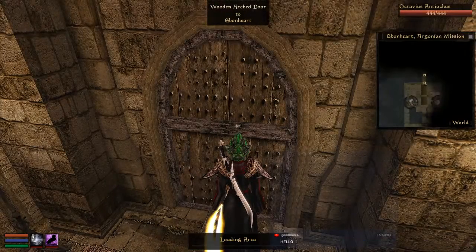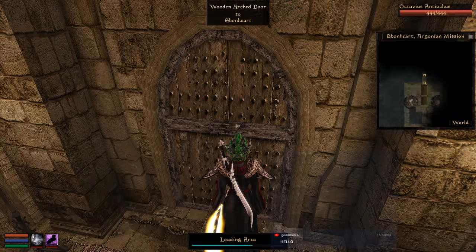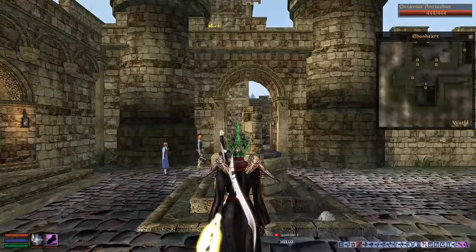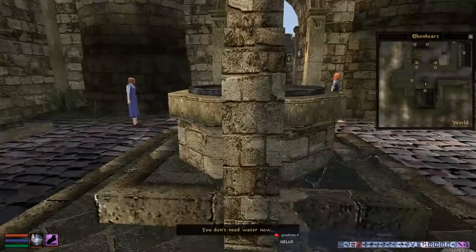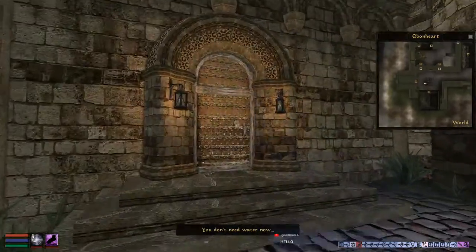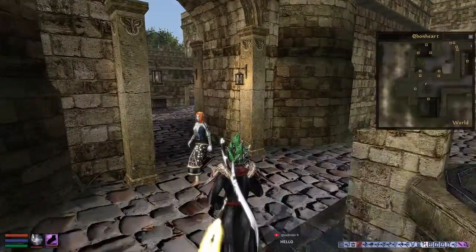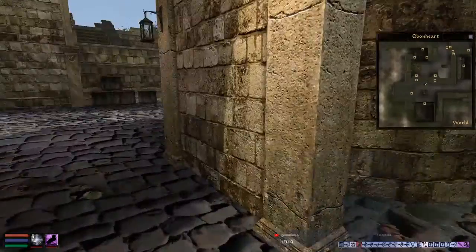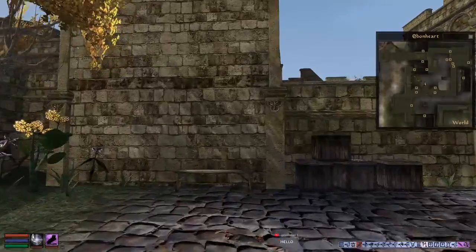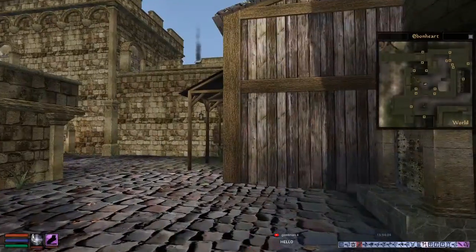I'm currently in the Ebonheart Agonia mission. So I want to reach Caldera from here. And I could do a lot of things.